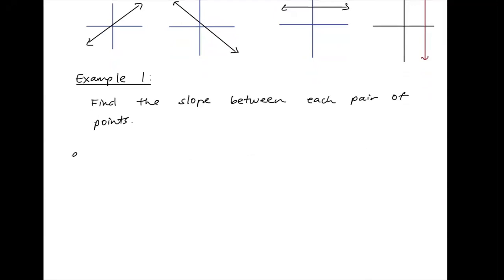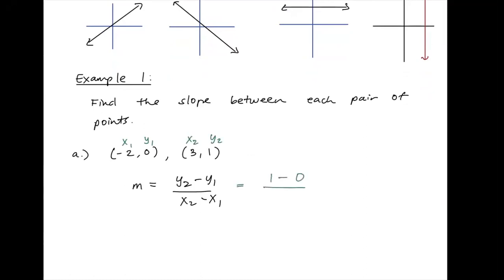For part A, I'll give you guys the points -2, 0, and 3, 1. The formula is y2 minus y1 over x2 minus x1, and it's a good idea to label your points. If this is the first point, we can call that x1, y1, and this would be x2, y2. Substituting, you get 1 minus 0 over 3 minus -2, which is the same thing as 3 plus 2. Simplifying, you get 1 over 5, and that does not simplify anymore. That's our answer.